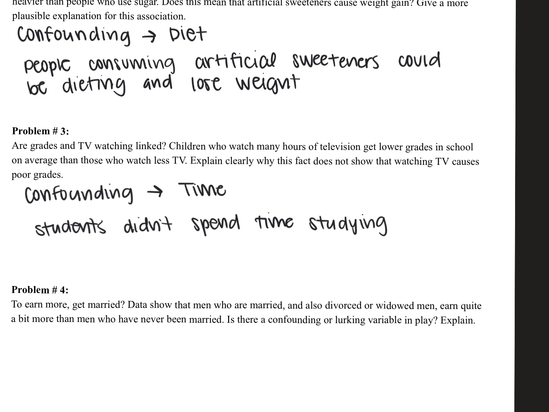So if you wanted to see if grades and TV watching were linked, you could turn this into an experiment and make some kids go home and watch TV, and other kids just go home and study. Then if the people who watch TV still got lower grades than the people who studied, then you could potentially say TV caused poor grades. But if not, then you can't necessarily say that it did.